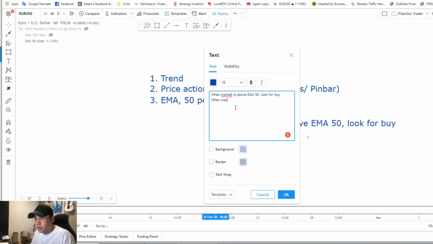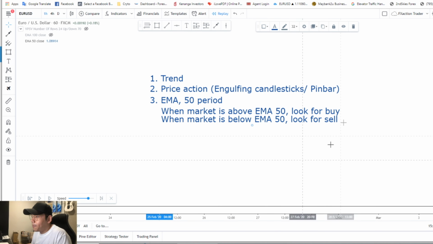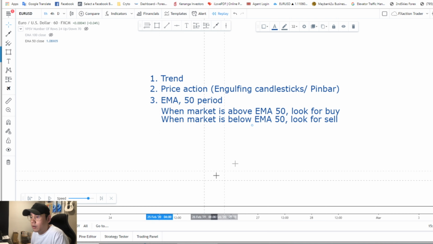When the market is below EMA 50, we look for sell. Okay, so these are the criteria we need to take note of when we are doing our backtest.